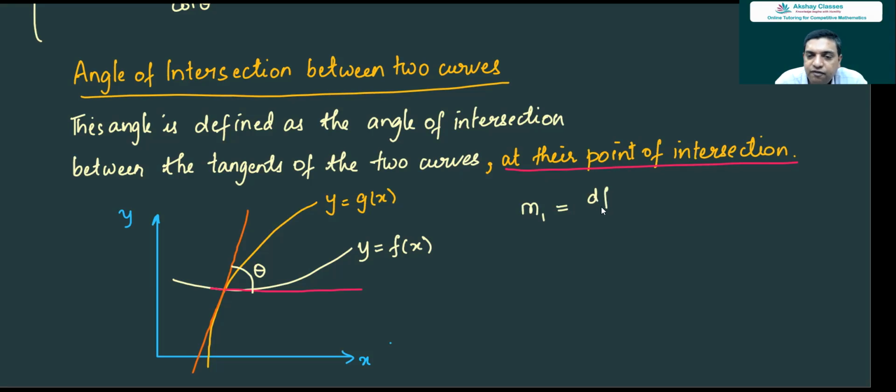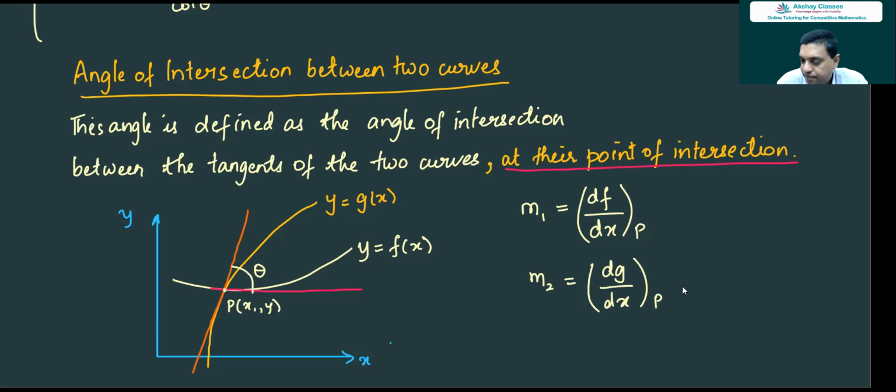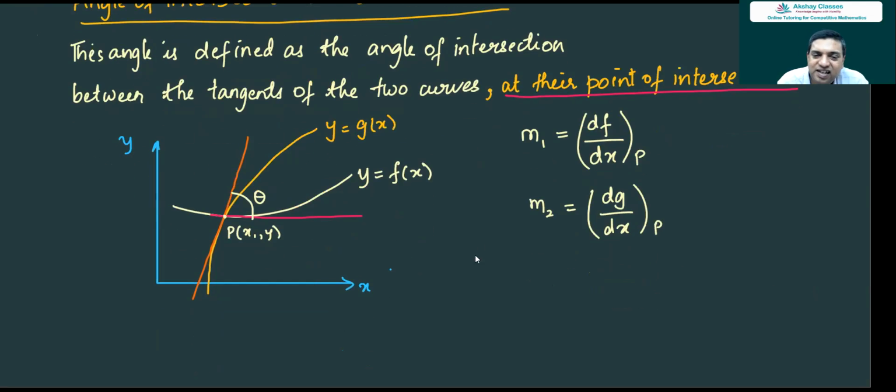That means df upon dx for the first curve. At what point? Let's say this is the point of intersection, P, x1 comma y1. So at P, m2 is dg upon dx at P. And what is the angle theta?